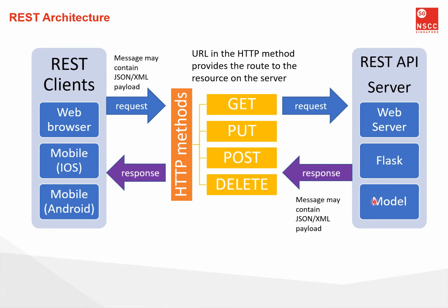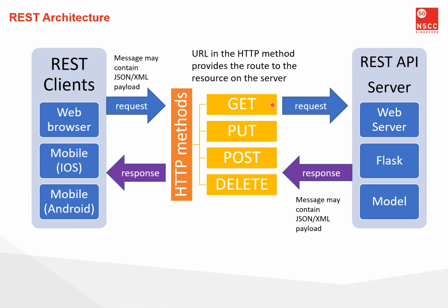The AI inference engine will then respond back upwards to the web server, and finally the web server will send back the response. The body of the message may contain the information that's being generated by the model, because this is a request coming in as a GET, PUT, POST, or DELETE. The model would respond back according to the request being put forth to it through the REST API server.